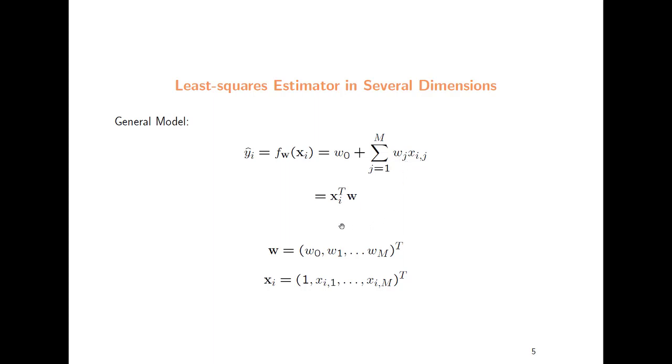And we can write it in this compact form as an inner product, when we define w to be w0, w1 to wm, and x to be the first input to the mth input. You remember from last lecture that the inner product is simply the sum over the components. So this is just a very convenient way of writing this sum here.